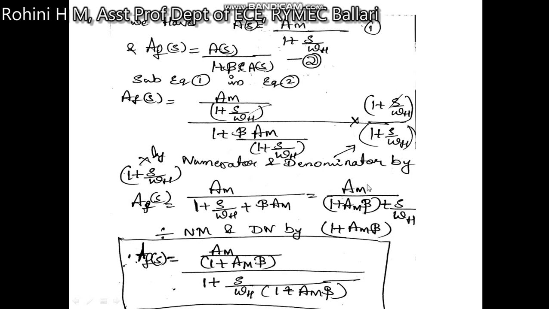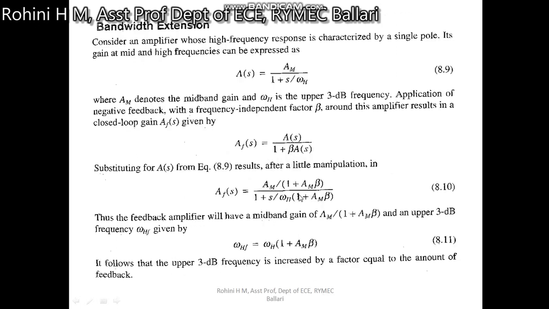Dividing numerator and denominator by this factor 1 plus AM beta results in AM divided by 1 plus AM beta, divided by 1 plus S divided by omega H into 1 plus AM beta. So this is what we got here.